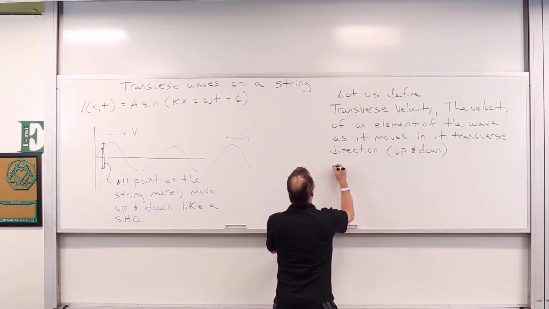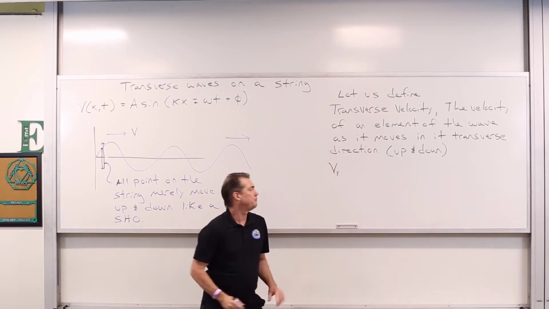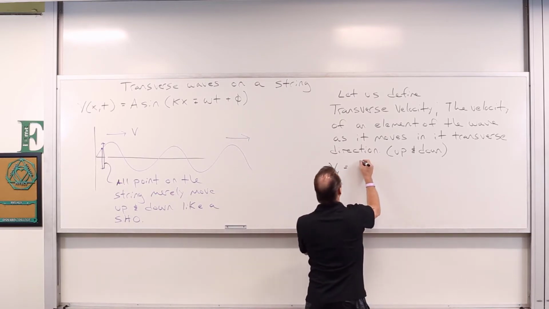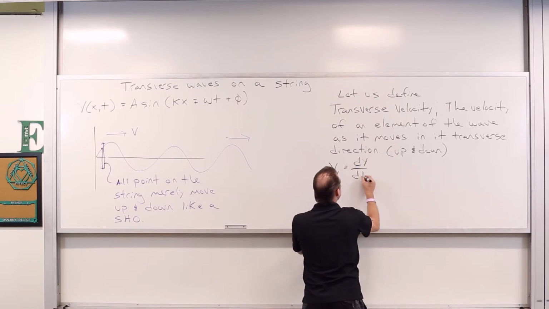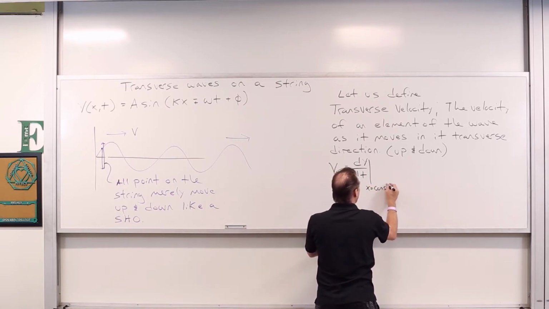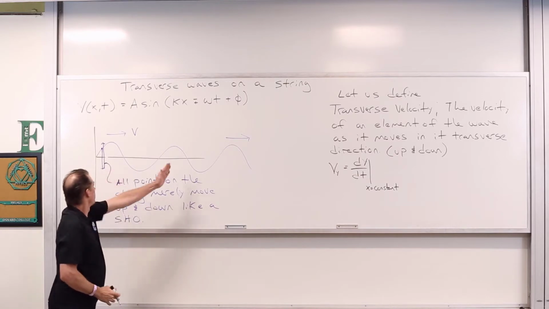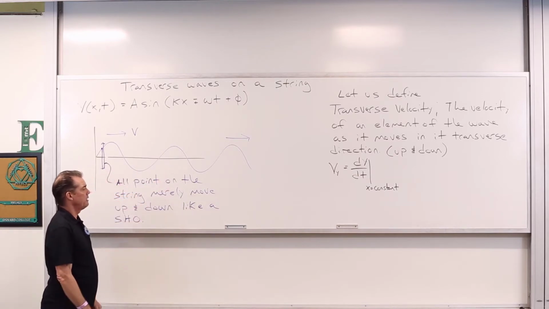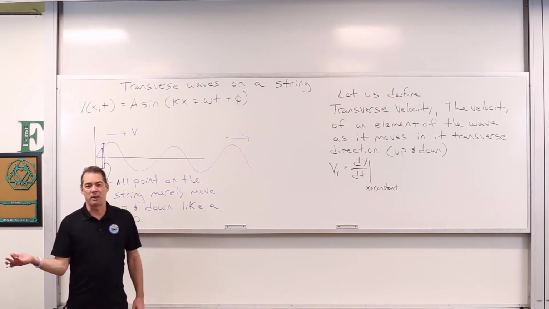Well, the transverse velocity, which we're going to call v sub y, is equal to dy by dt at some x equal to a constant value. So we pick an x, a position along the string, and ask what its transverse velocity is at some specific moment in time.